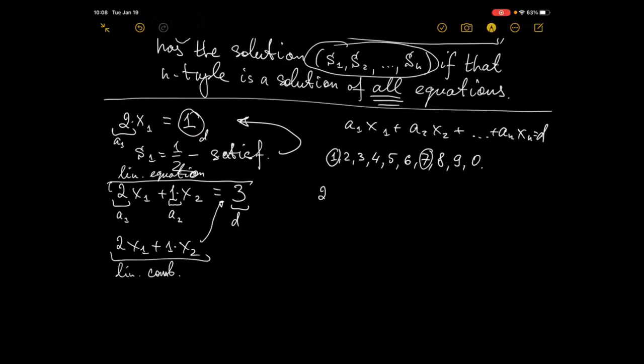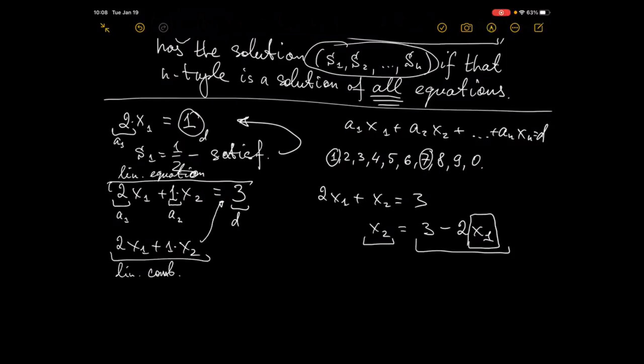Okay, now let us try to find the solution of that. Let me rewrite this as 2x1 plus x2 equals 3, right? Let me express x2 through x1. It means that for any value of x1, if I choose x2 according to this formula, then it will be a solution.